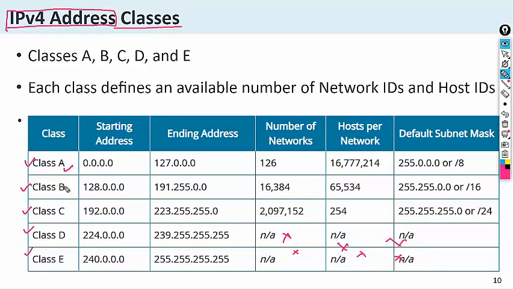And for class A and class B, here is the starting range of the addresses and the ending range of the addresses. Class A starts from 0.0.0.0, or you can say only the first octet, 1 to 127, meaning the range is 0.0.0.0 to 127.0.0.0.